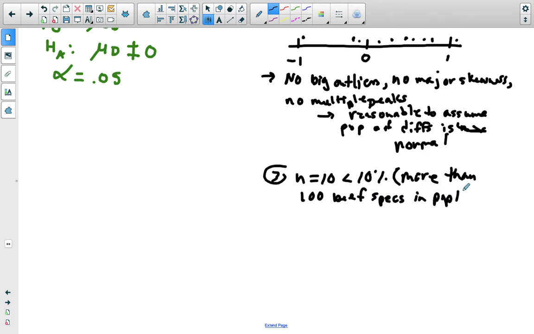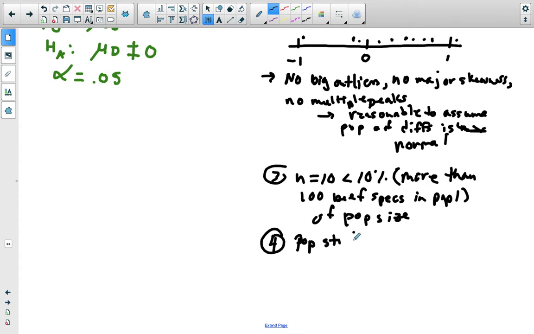So this is less than 10% of the population size. That's pretty reasonable. So like the E. coli contamination on one shouldn't influence the E. coli contamination on another.